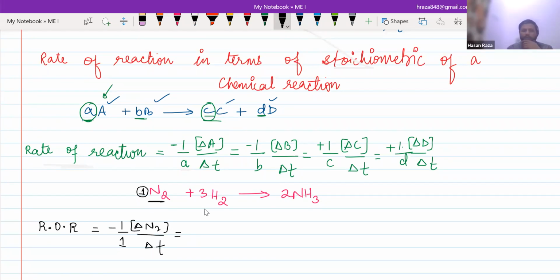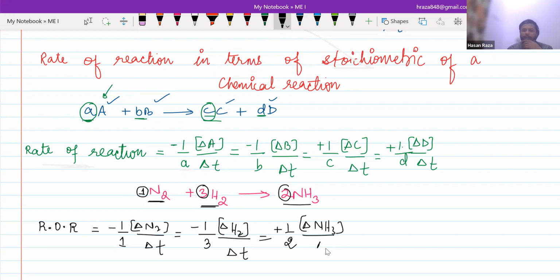Then it will be equal to, since it is also reactant, a negative sign, and whatever is the coefficient, it will come in denominator, and then change in concentration of H2 upon delta t. Then equal to, this is your product, so I'm going to put a positive sign, and whatever is the coefficient, it will come to denominator, and then change in concentration of NH3 upon delta t. Are you getting my point?